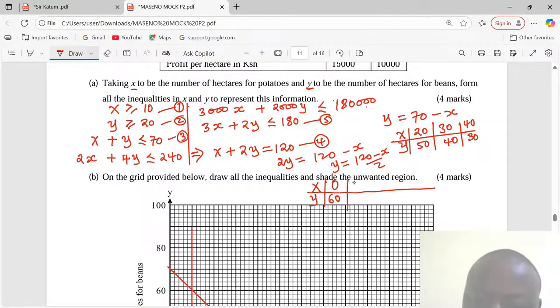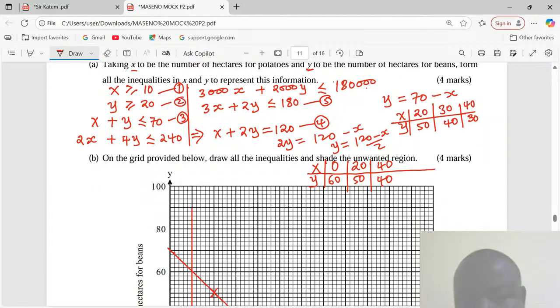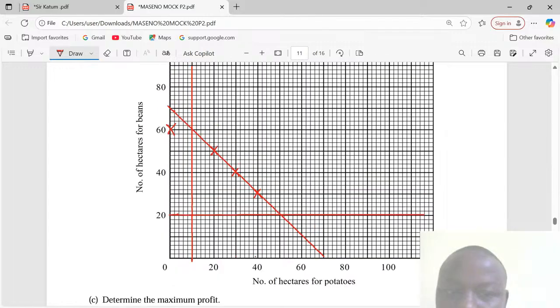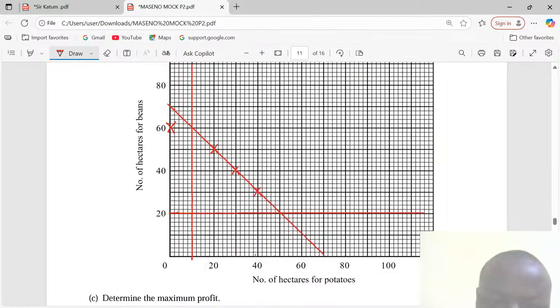When x is 20, y is 100 over 2, which is 50. When x is 40, y is 80 over 2, which is 40. So we have 0, 60; 20, 50; then 40, 40.